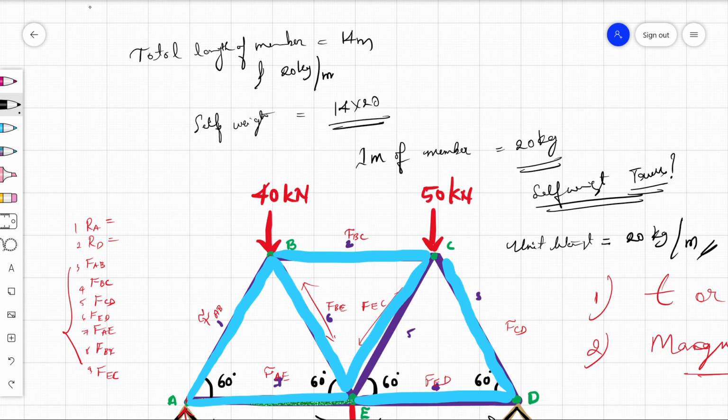So 14 meter into 20 kg per meter. Meter gets cancelled. The answer is 280 kg. That's it. This is how you find the self weight of the truss. They might ask this.